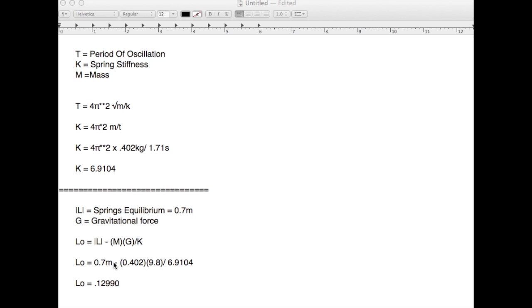After inputting my variables, 0.7 meters for the spring length, the mass of the object, and the gravitational force being 9.8 meters per second squared, divided by k, the spring stiffness, we get the result that L0 is equal to 1.2999 meters.